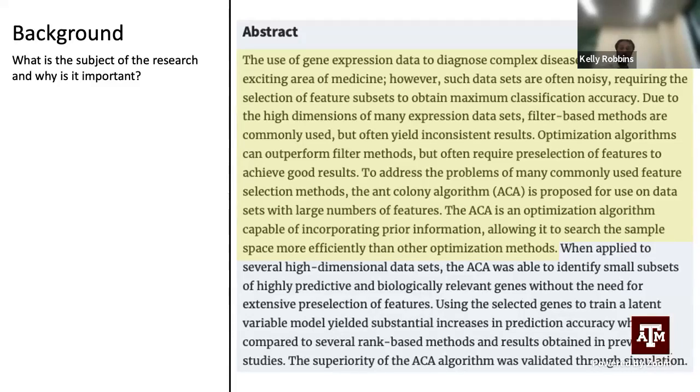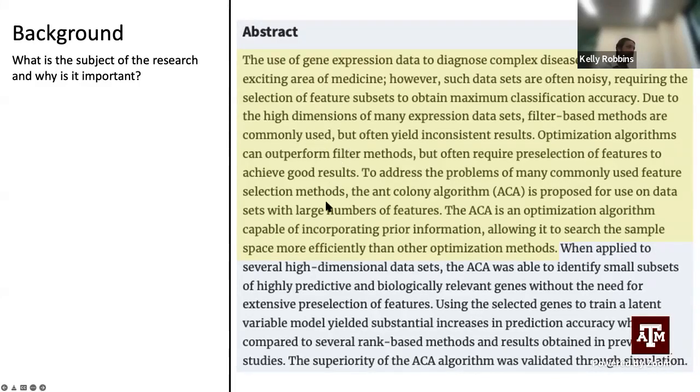All right. Now I want to pause for a minute, and I want to see if anyone has some comments on this background. Good, bad. If I were to rewrite this abstract, would I want to think about making some changes here?